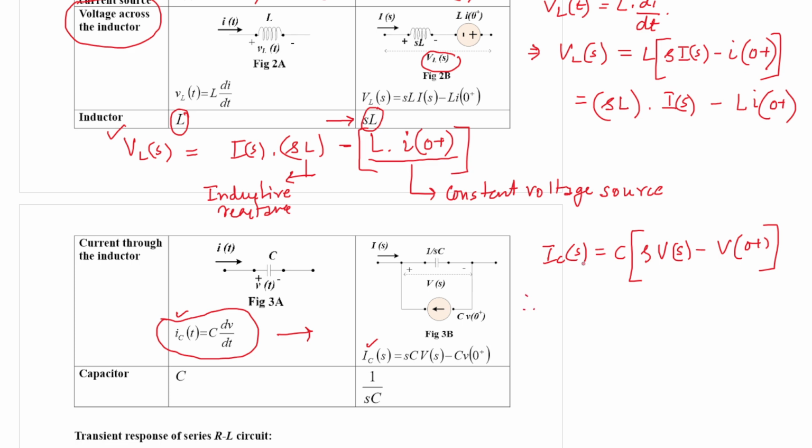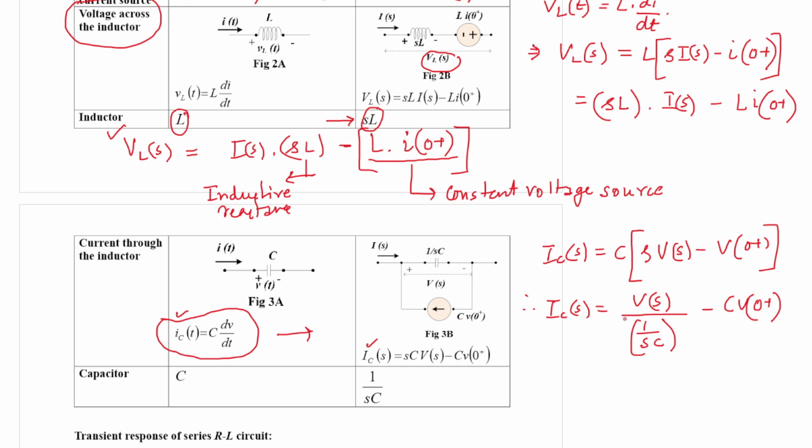Similarly, if you simplify, IC(s) will be equal to V(s). Now you see that CS can be written as 1 by SC, minus C V0 plus.